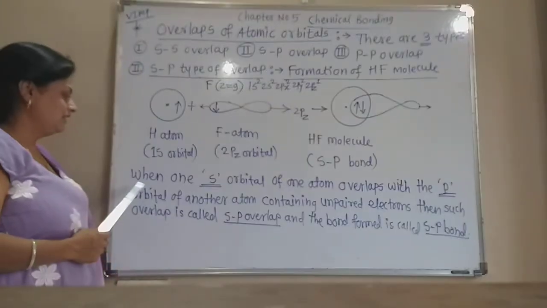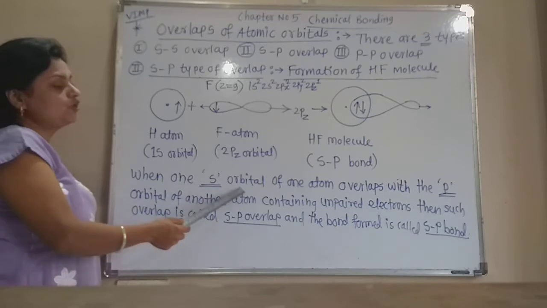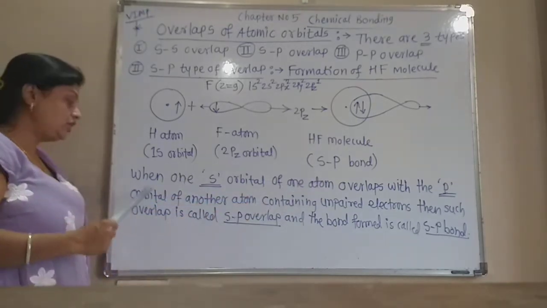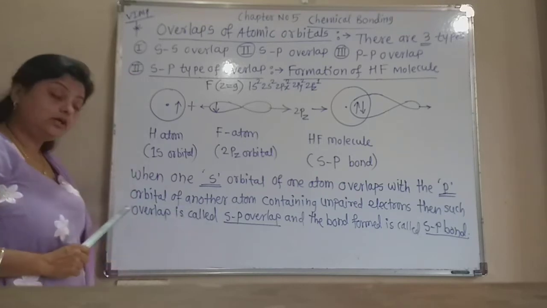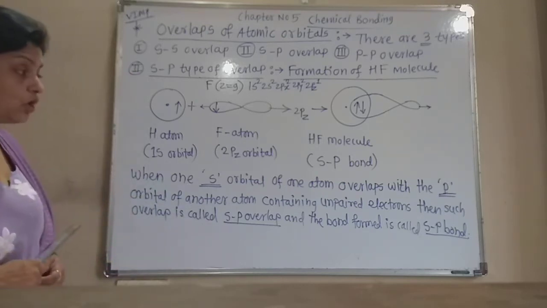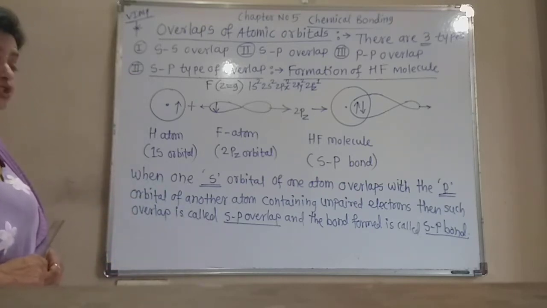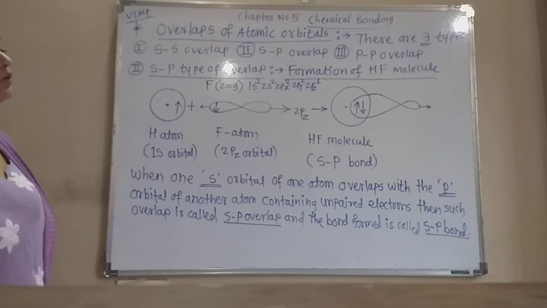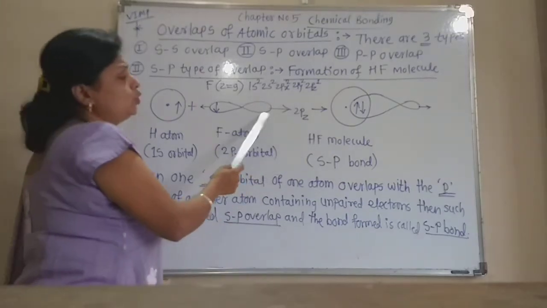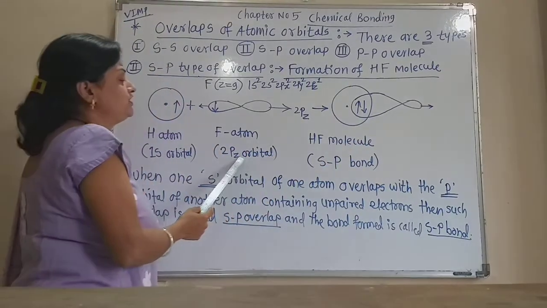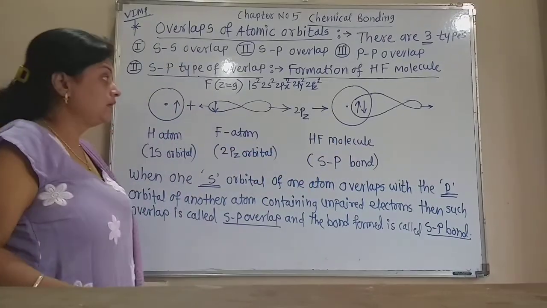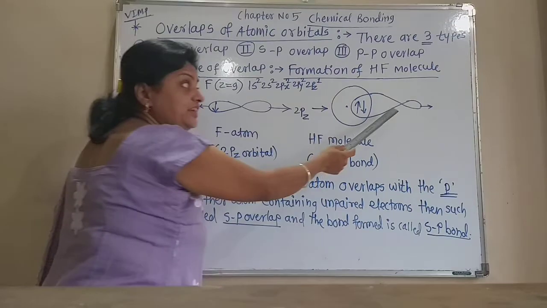Now see, when one s orbital of one atom overlaps with the p orbital of another atom containing an unpaired electron, then such overlap is called the sp overlap, and the bond formed is called the sp bond. Now see here, the other lobe of this 2pz orbital, which does not contain that electron, shrinks here.